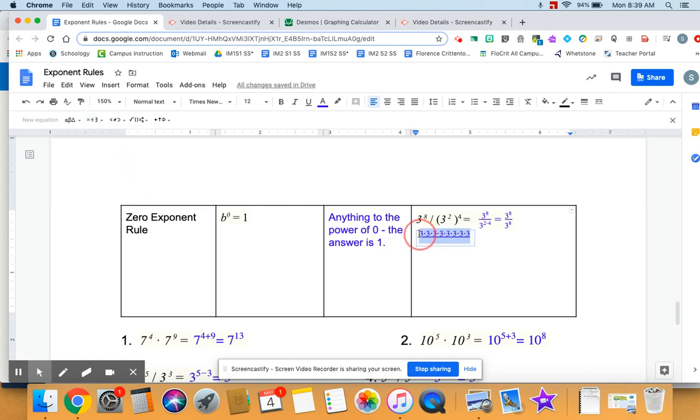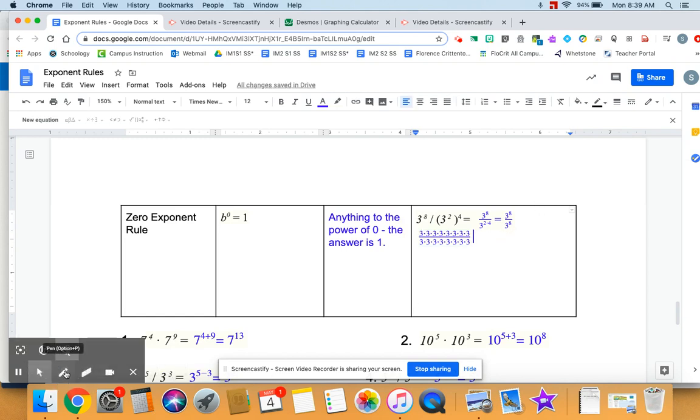And then I also have 3 to the power of 8 on bottom. But every single one of them becomes a 1. So 1 times 1 times 1 times 1 times 1 times 1 times 1 times 1 is still 1.